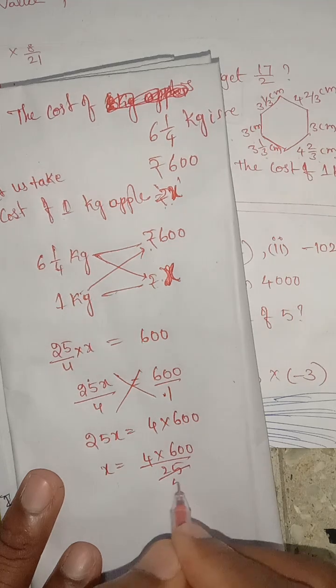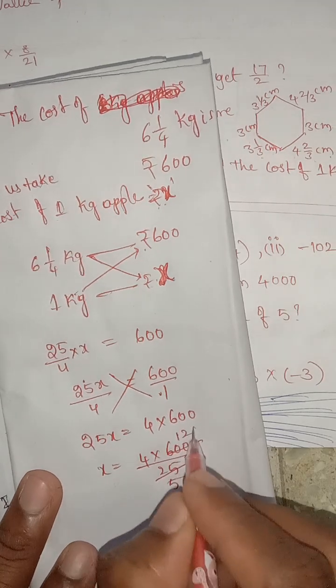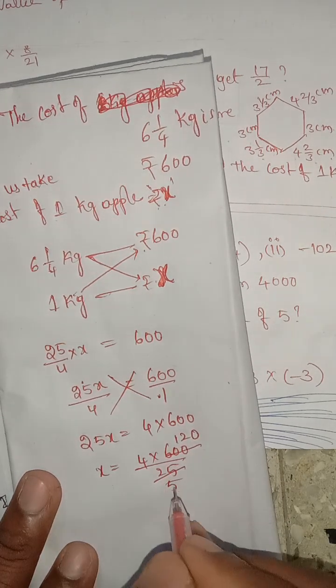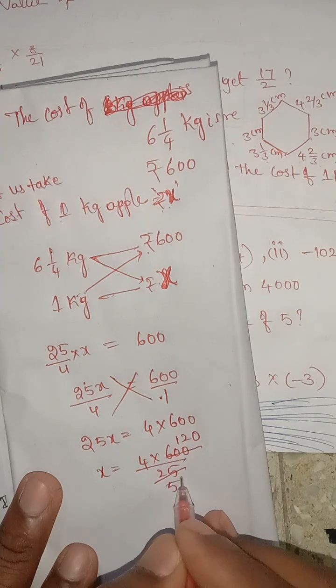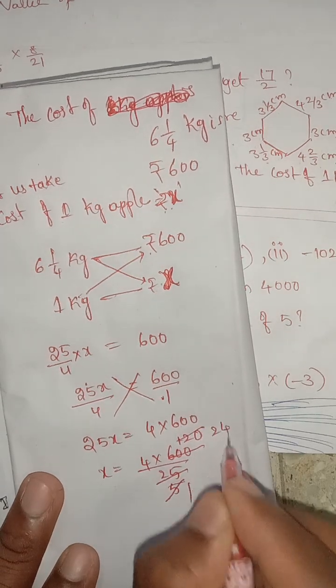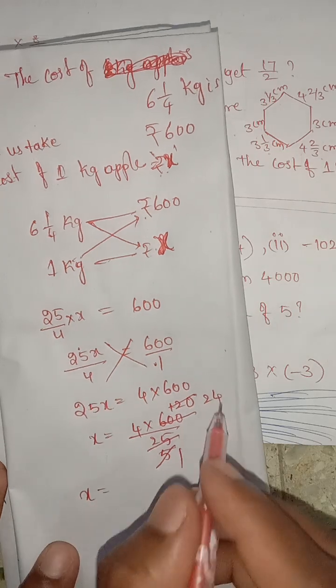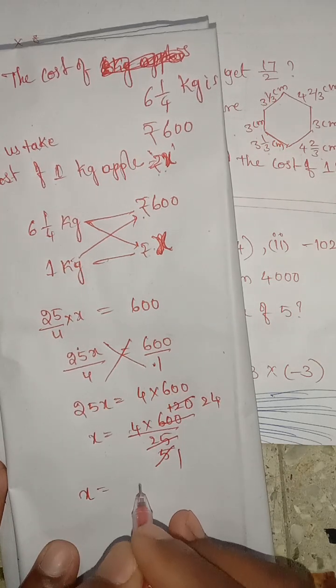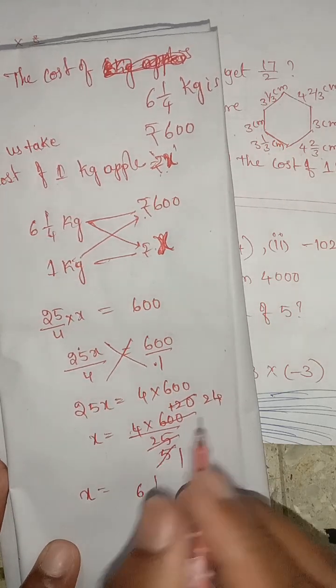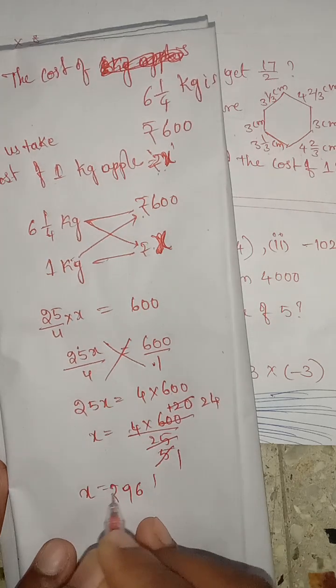5 5s are 25, 5 twenties are 600, so x equals 6 4s, 4 4s are 16, 96 rupees.